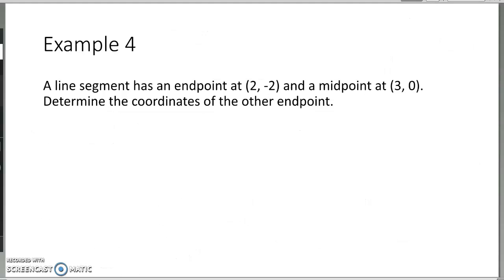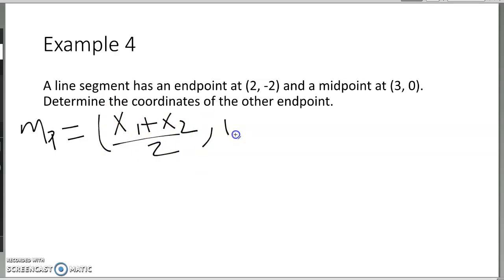It says a line segment has endpoint 2, -2, and a midpoint 3, 0. Determine the coordinates of the other endpoint. Again, we're going to use the exact same formula. So our midpoint formula is x1 plus x2 divided by 2, and y1 plus y2 divided by 2. And I'm going to plug in what I have.